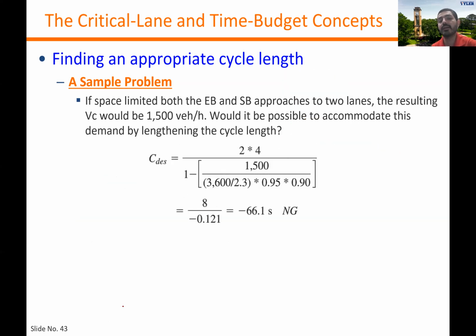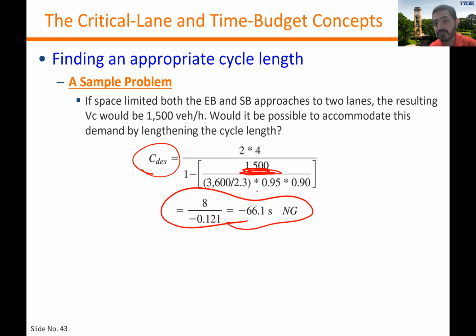So if we go now to the calculation of the desirable cycle length, 1500 now instead of 1200, everything else is the same, you're going to end up with a negative value, meaning it's not good. So really, you have to have 3 lanes in the east-west bound, and 2 lanes in the north-south bound.